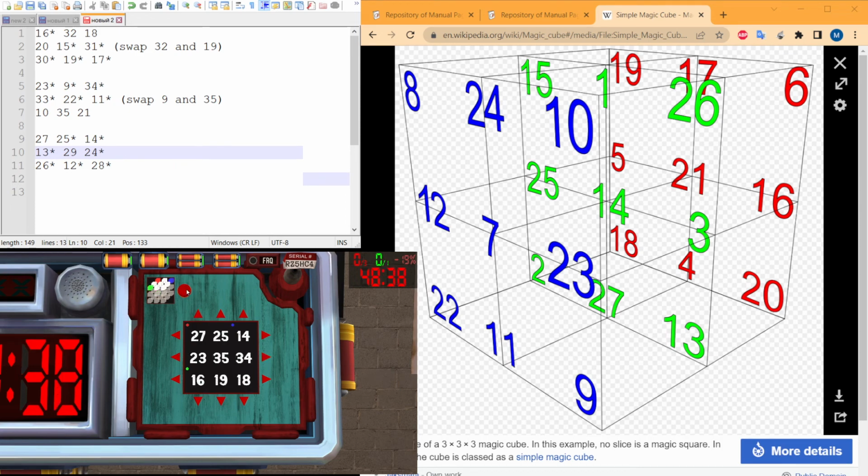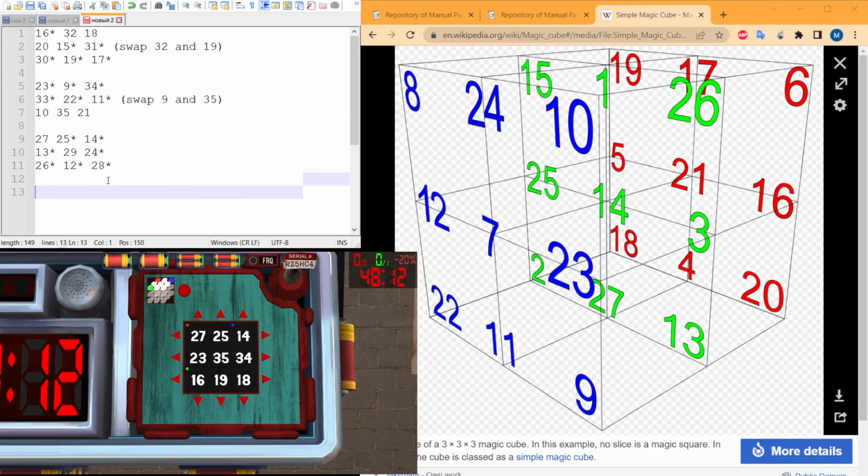So we're going to the top square, and as I said, the front and middle squares need to have a swapped pair of numbers. So that means that bottom and middle row need to have a pair of swapped numbers, and top row should stay untouched.